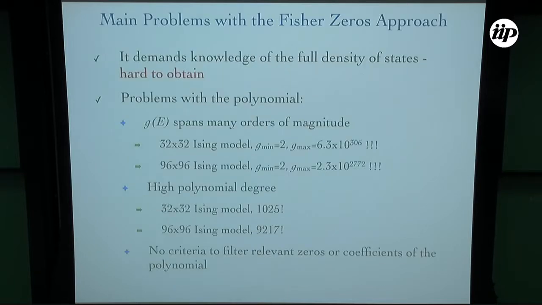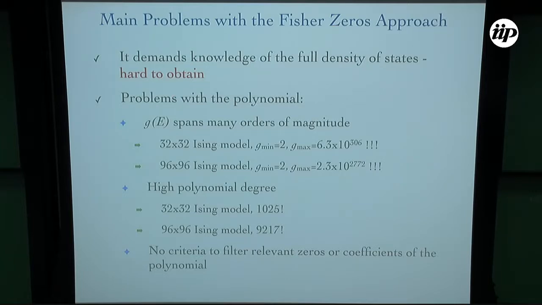But we do have some problems with this approach, because you need the full density of states to calculate the zeros, and it's hard to obtain.